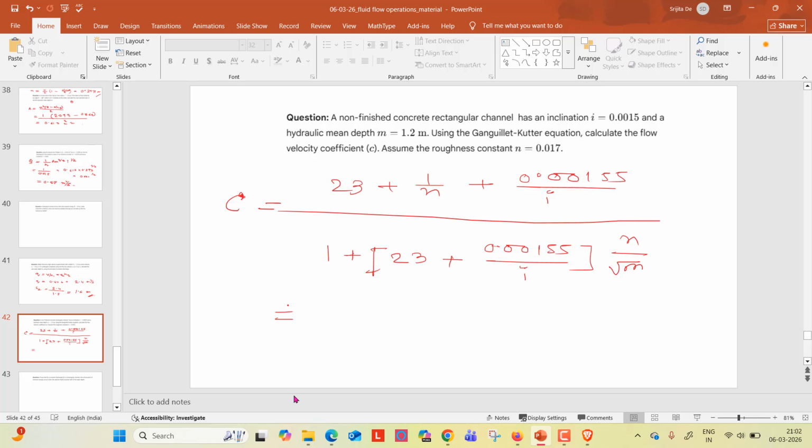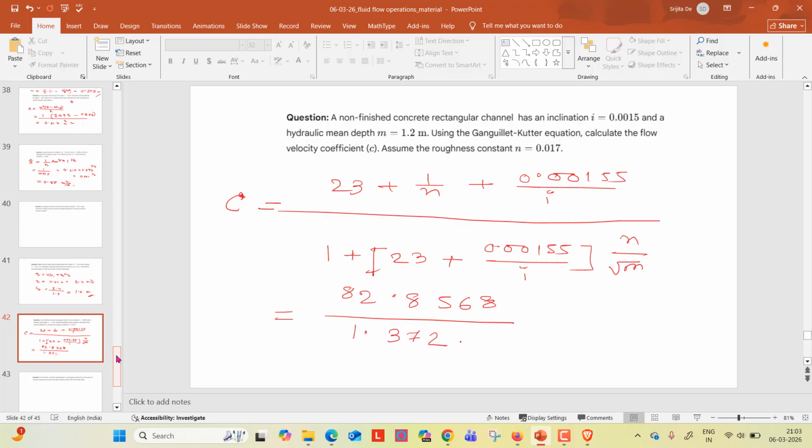This is the top, like numerator is 82.8568 divided by this, 1.3729.